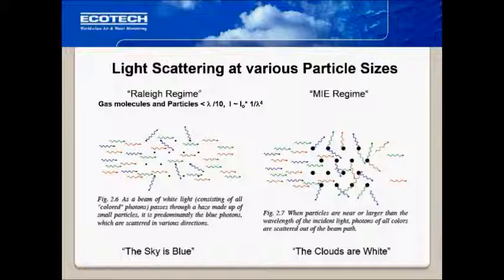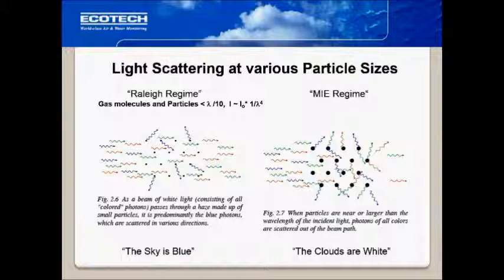So it's basically white light coming in and white light going out. If you think of very big particles like a mirror, then light gets basically mirrored and goes in and out the same way. That's described in the Mie regime.